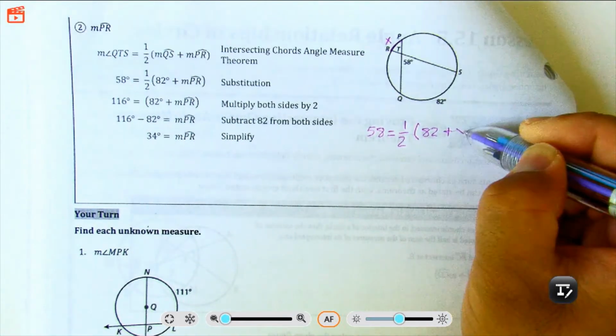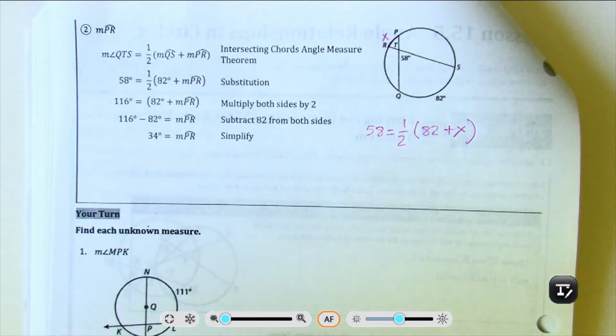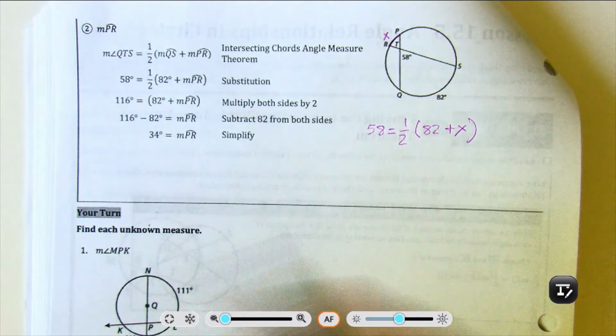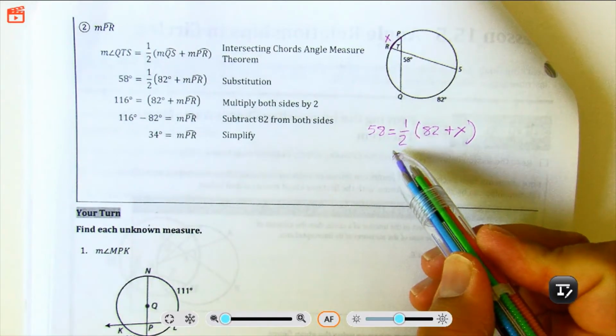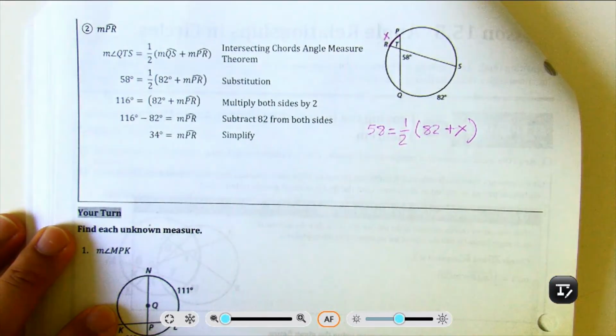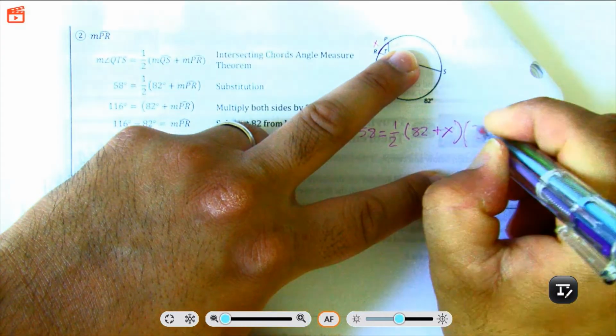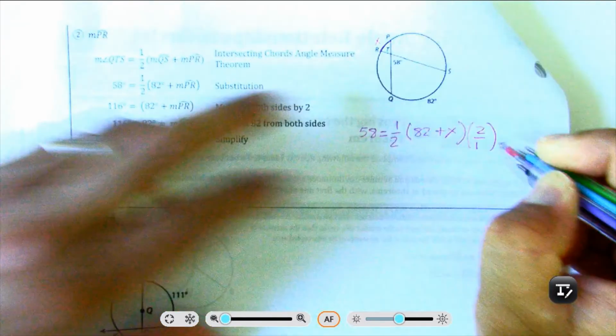So we have this algebraic problem and we need to solve for X. The first thing that we do is we get rid of the half by multiplying both sides by the reciprocal. Let me use red to show you that. We're going to multiply both sides by 2/1 here and here.